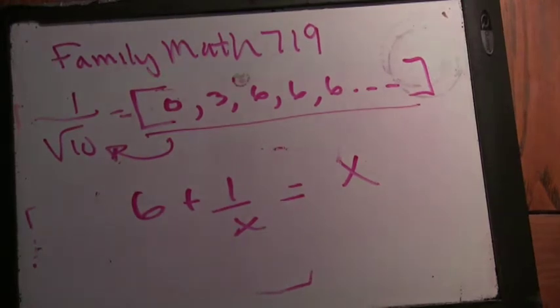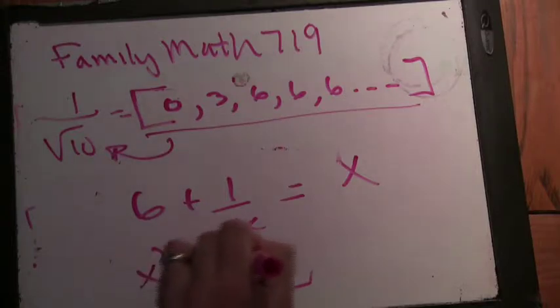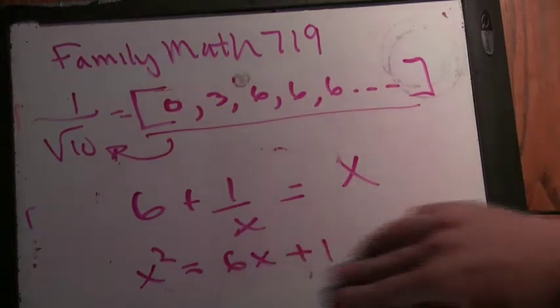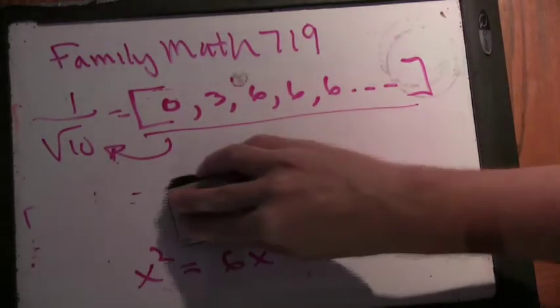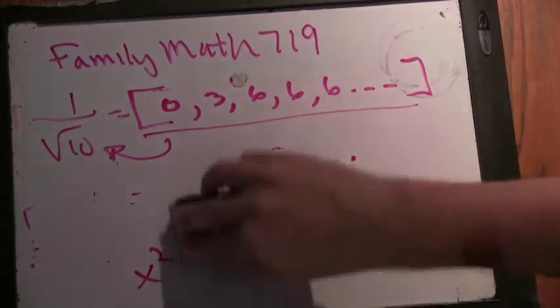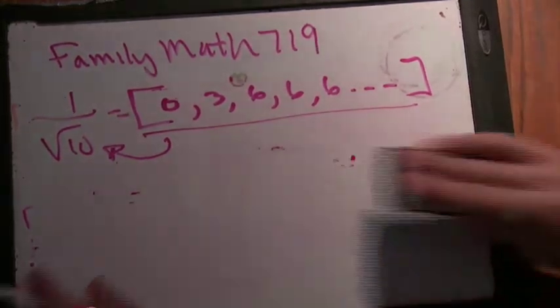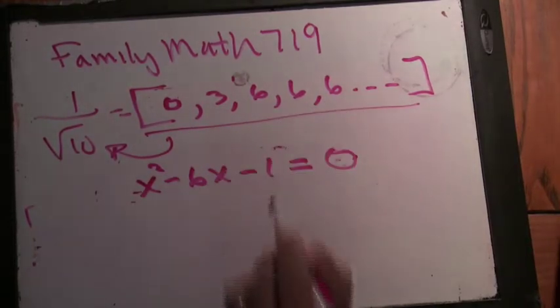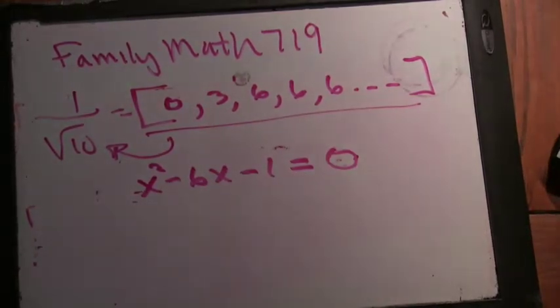Well, you multiply by x, and you get x squared is 6x plus 1. So you have a fairly simple quadratic now. All right, how do I solve that? You have x squared minus 6x minus 1 equals 0. I solve that using what? Using the quadratic formula.